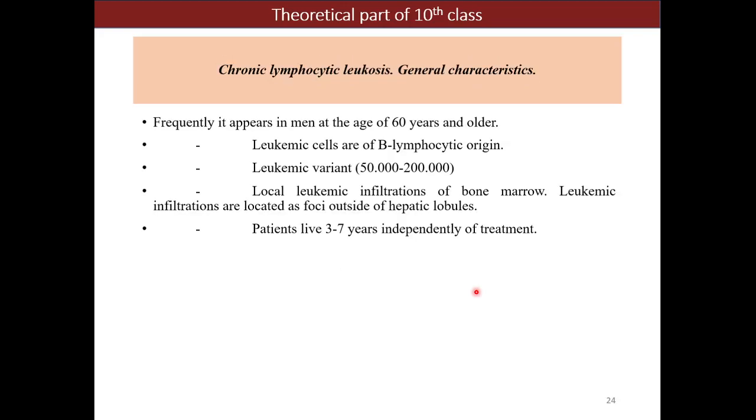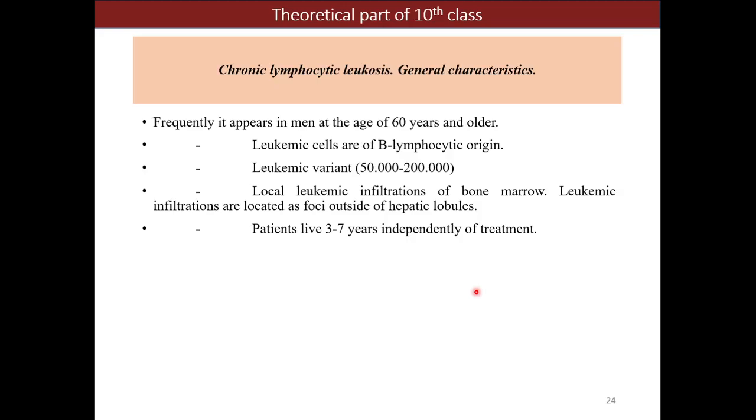Chronic lymphocytic leukosis frequently appears in men at the age of 60 years old and older, so it is a leukemia for elderly patients. Leukemic cells are of B lymphocytic origin, and it is characterized by a leukemic variant, so the number of leukocytes is more than 50,000.